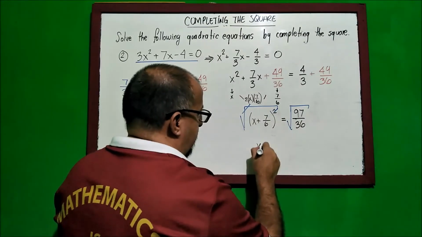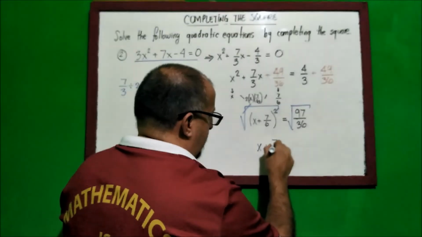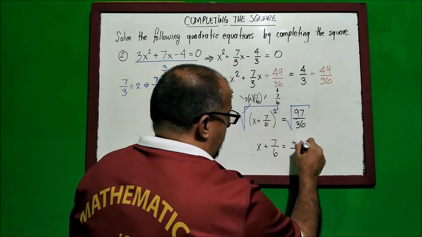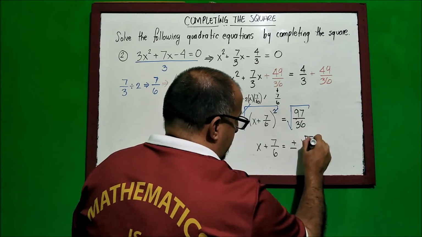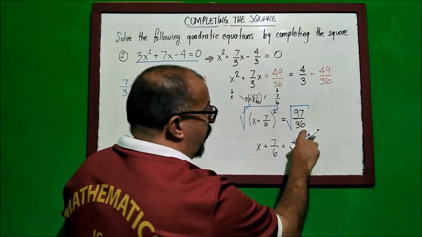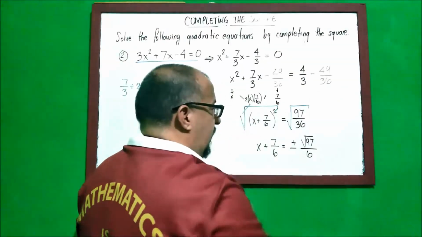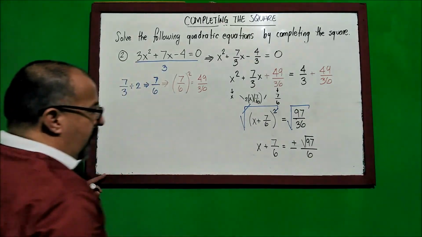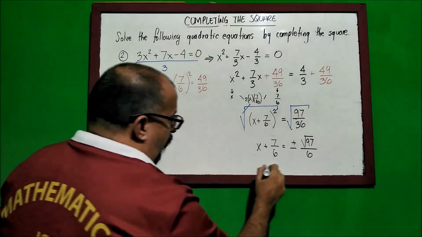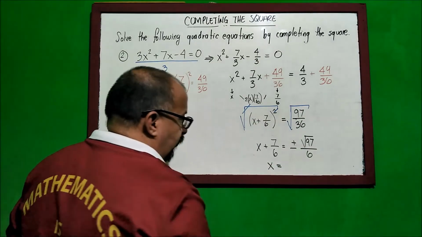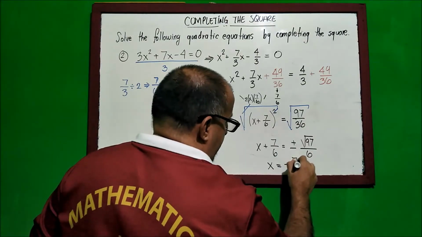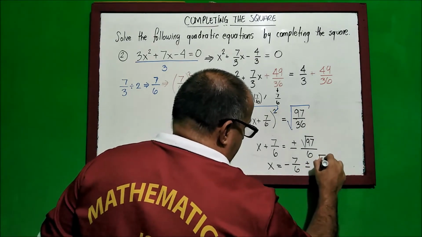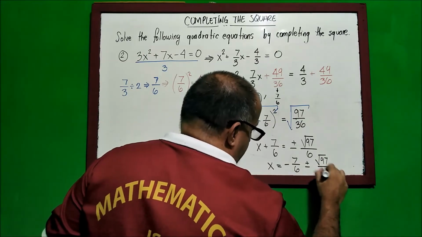So we have x plus 7 over 6 equals positive and negative the square root of 97 divided by the square root of 36, which is equal to 6. And now we are almost one step from the answer. This will become x equals negative 7 over 6 plus and minus the square root of 97 divided over 6.